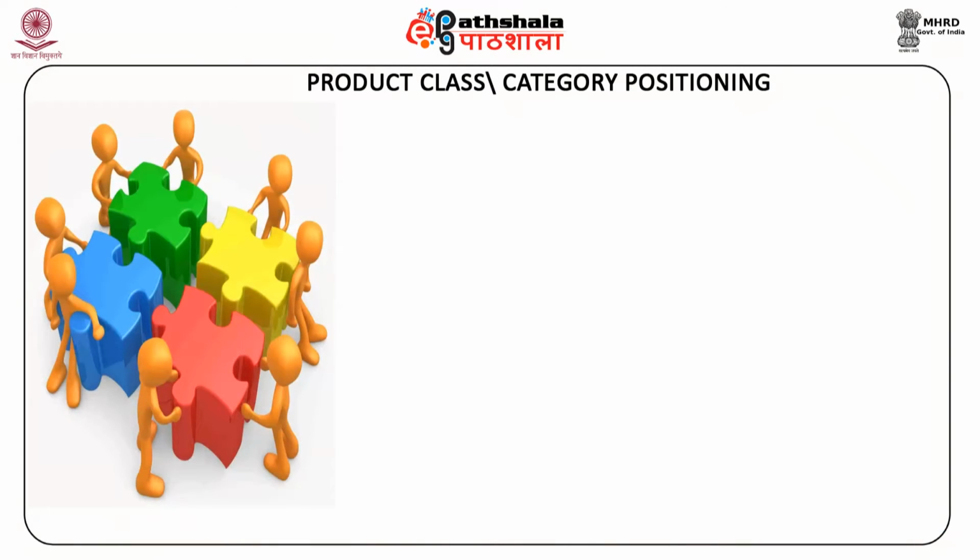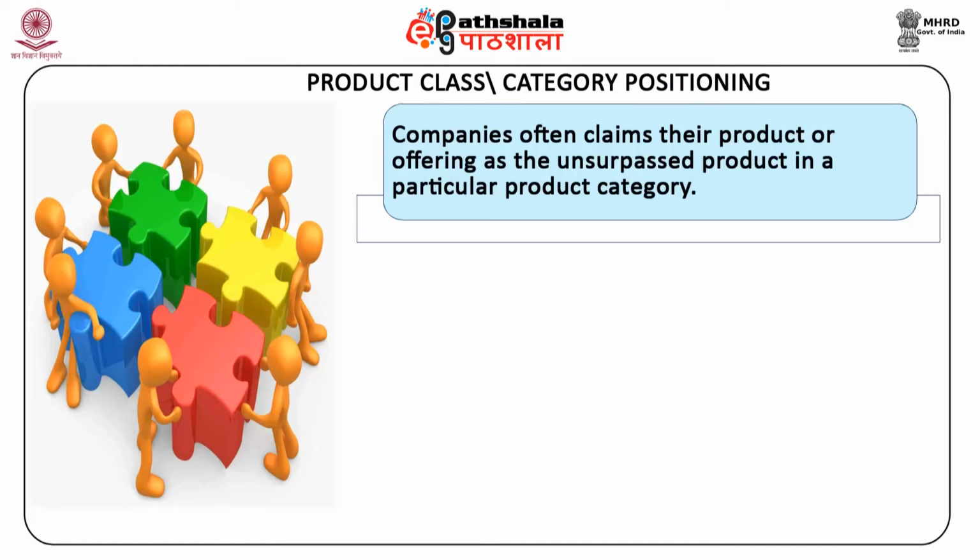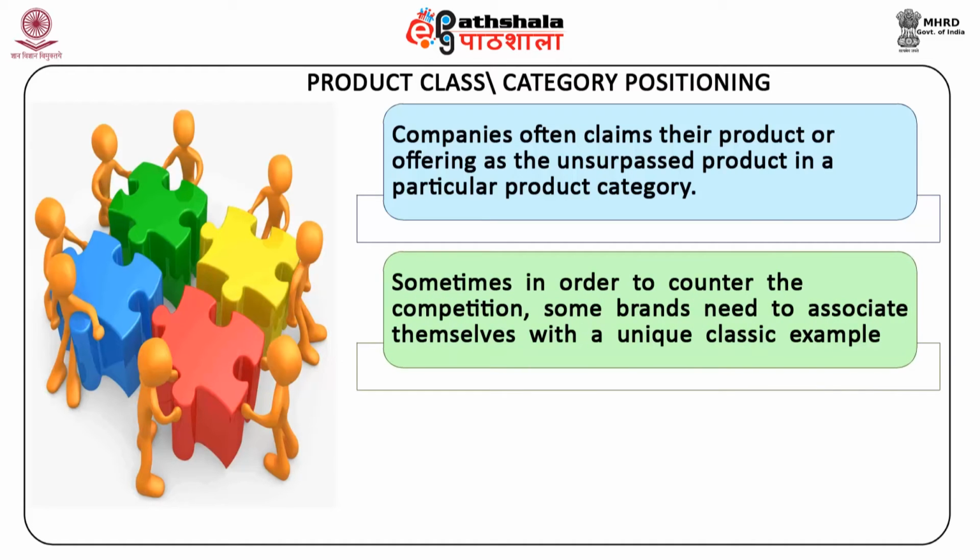Product class category positioning. Companies often claim their product or offering as the unsurpassed product in a particular product category. Sometimes, in order to counter the competition, some brands need to associate themselves with a unique classic example.